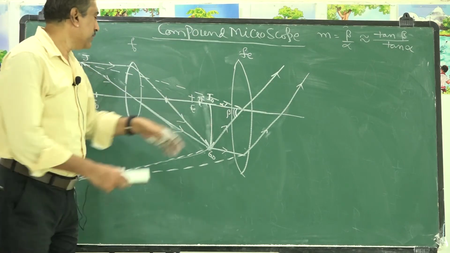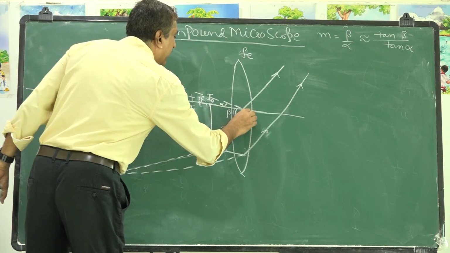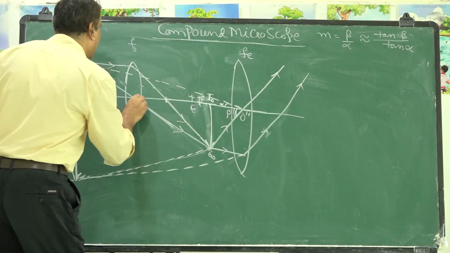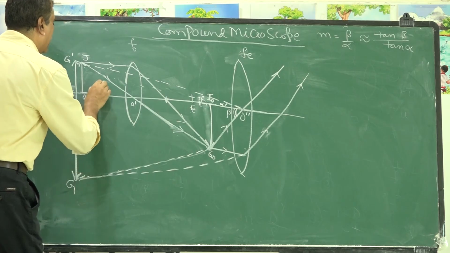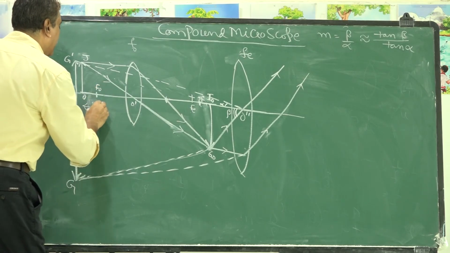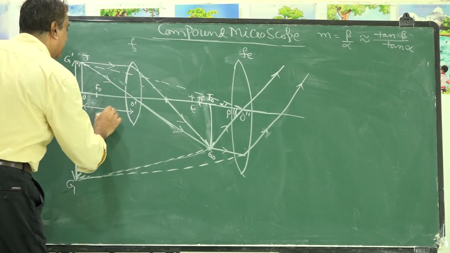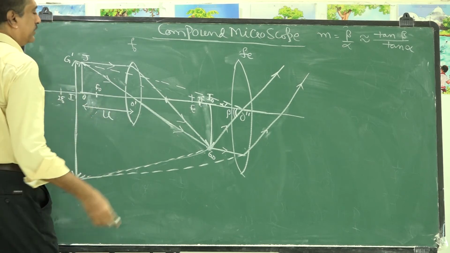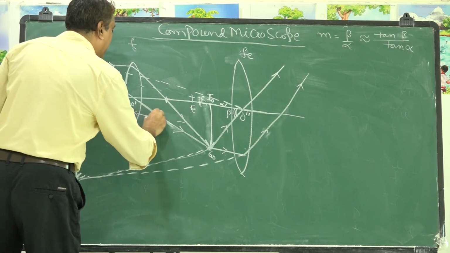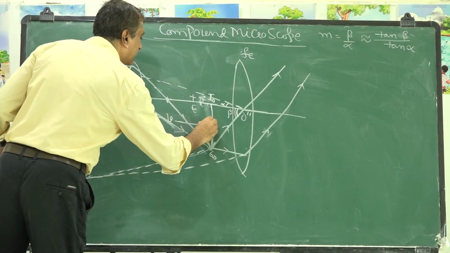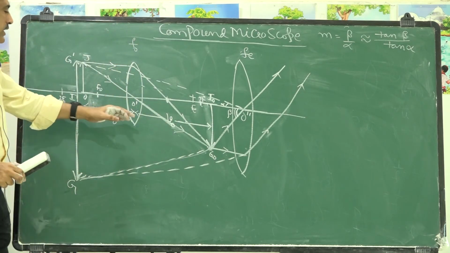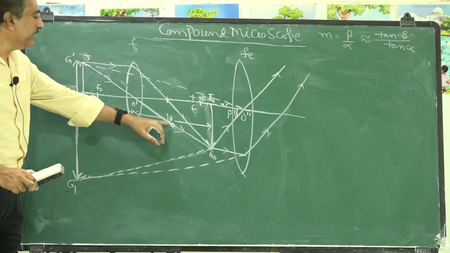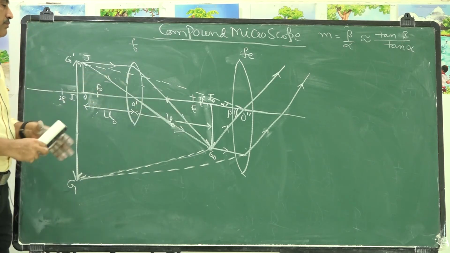Assume that this is O double dash and this is O dash, and assume that the object distance for this lens is U, which forms an image at V, that is, the object distance and image distance of this objective lens.